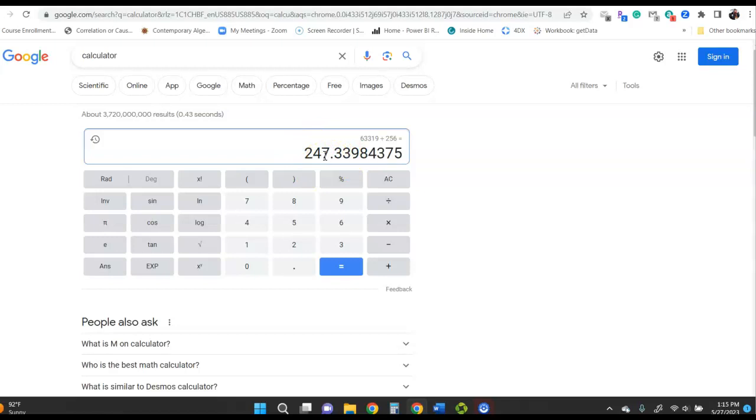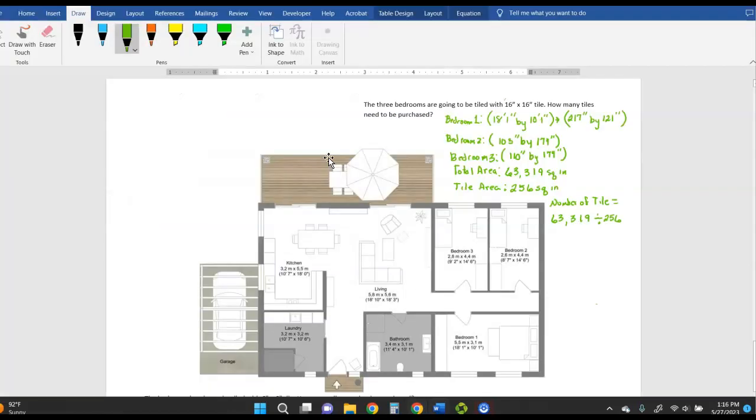And we're rounding up, so we want this to be 248, because if we rounded down like typical normal rounding rules, we would leave this as 247, except that you're going to be short part of a tile, so you're going to have bare floor. So we always round this up. We'll talk a little bit more about rounding in the next couple of lessons, but just to give you a heads up now. So we need 248 pieces of tile because we need to round up.